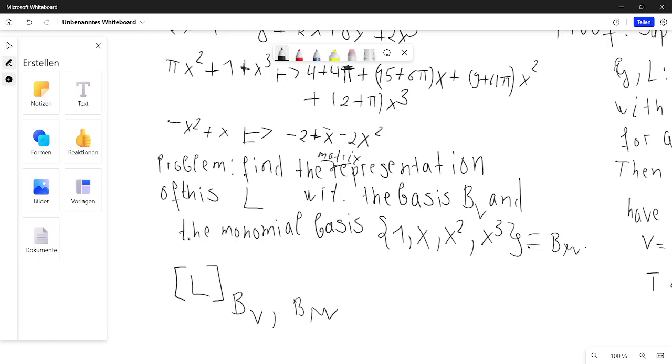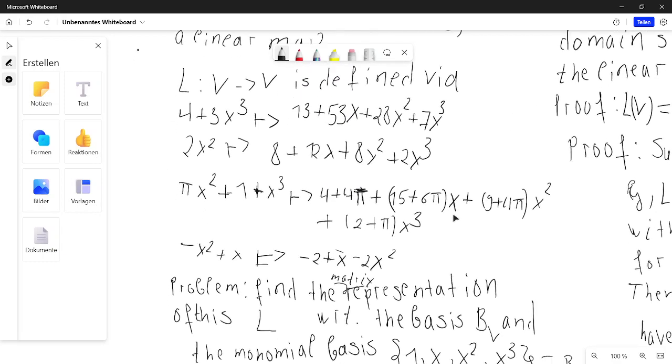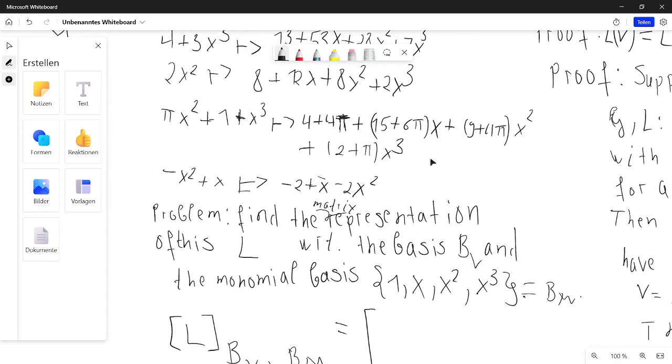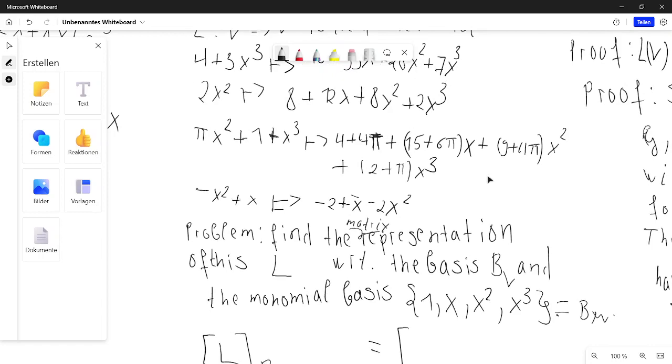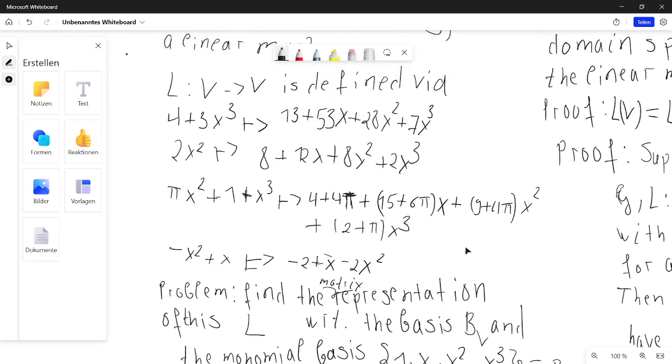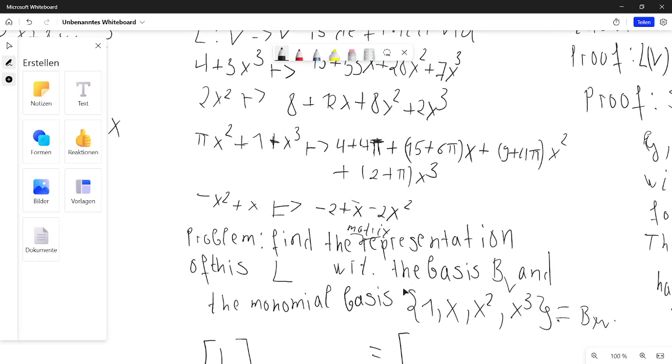If we want to represent our arguments in the basis BV and our images in the monomial basis, we just take the images and write them down into this, right? We take the first one, and it will be 13.